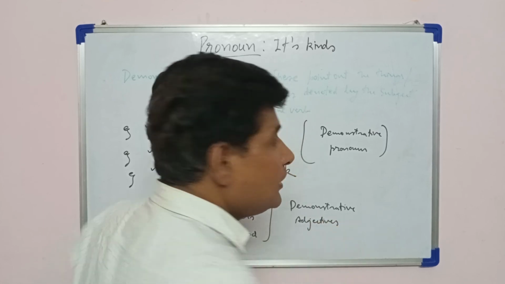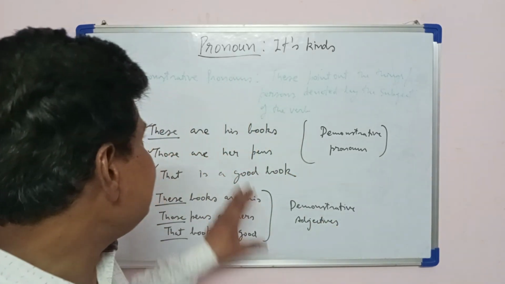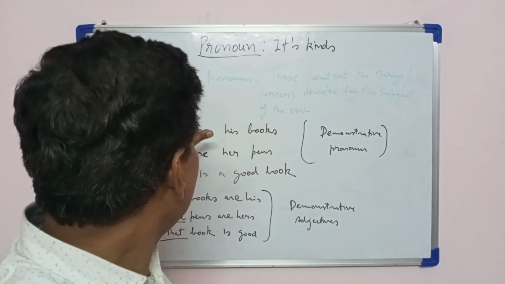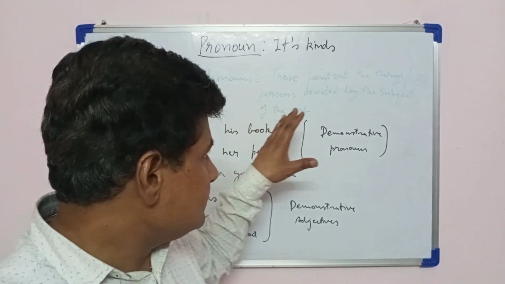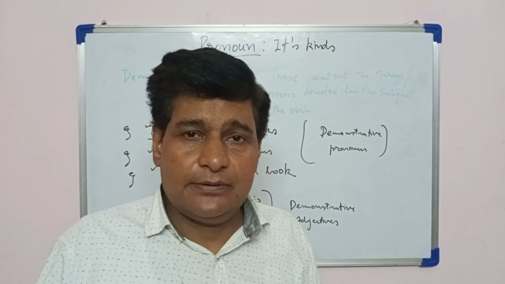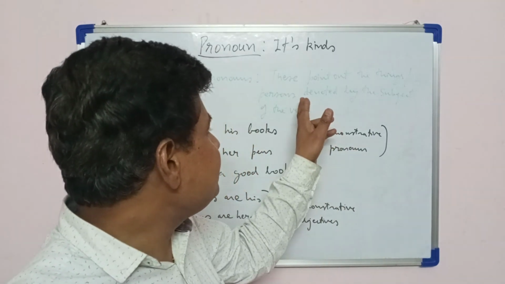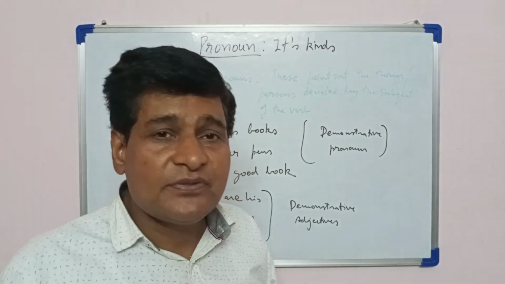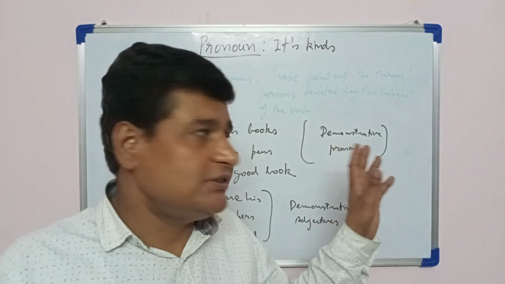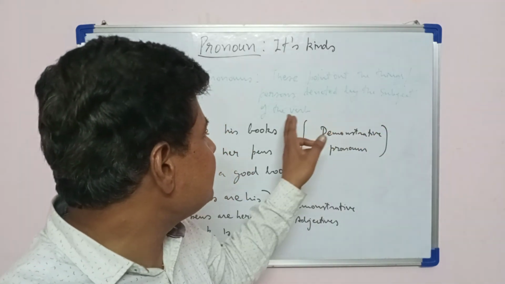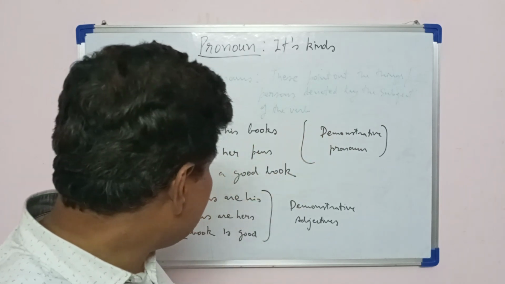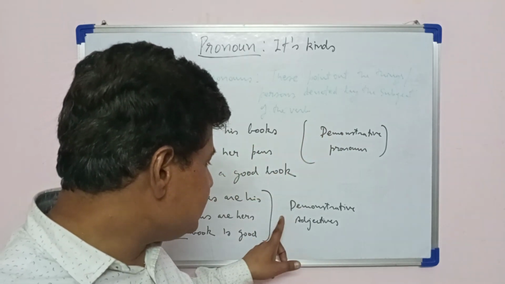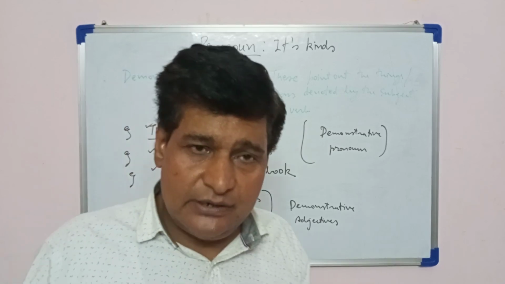So here we are just understanding how demonstrative pronouns indicate the persons or things denoted by the subject of the verb, how these are used, and how these can also be used as adjectives.